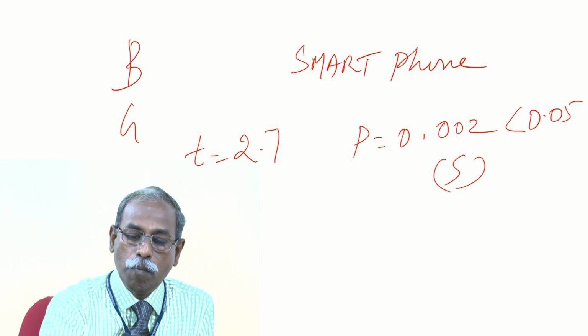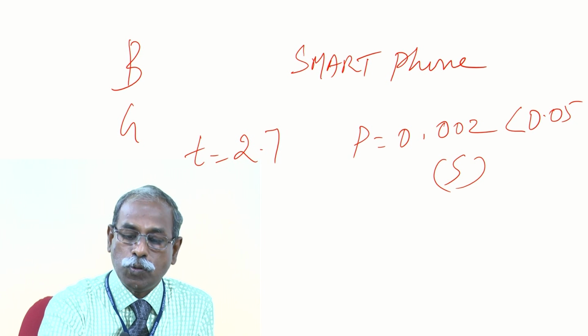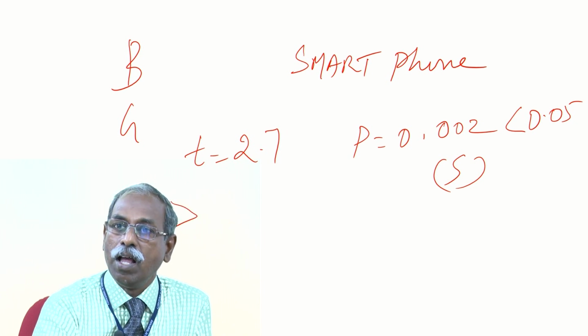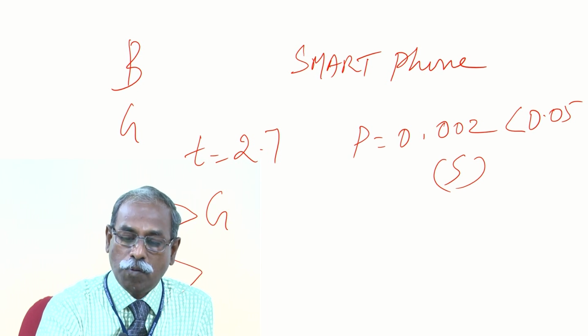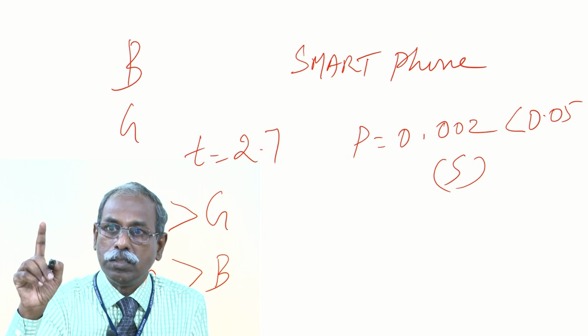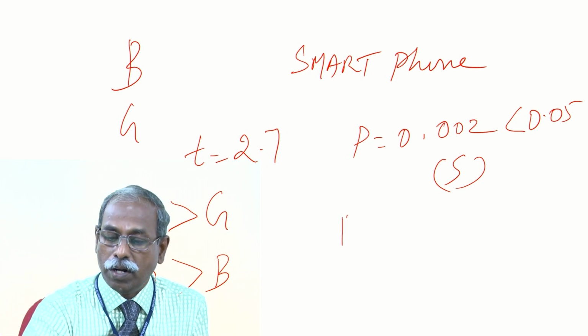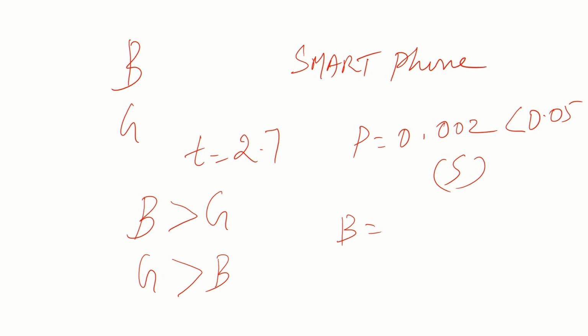Significant means whether boys have a high level of smartphone addiction when compared with girls, or girls have a high level when compared with boys. When you consider the mean value, boys obtained a mean value of, say, 40.7 and girls obtained a mean value of 20.6.